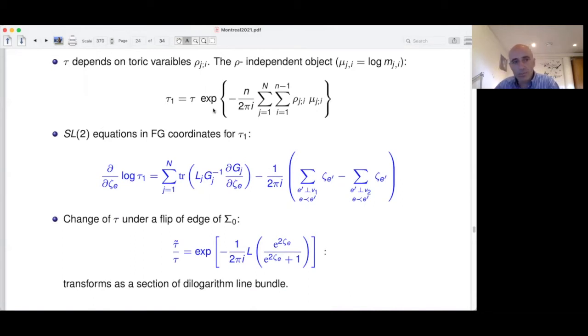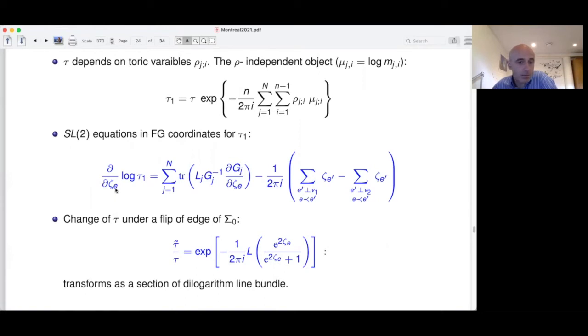But you can define a partner of it which is independent, by multiplying with a simple exponent, which is a combination of eigenvalues and these normalization factors. And then this thing depends only on t's and monodromies.